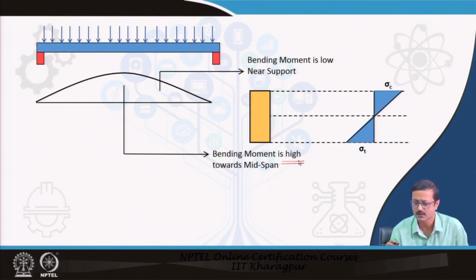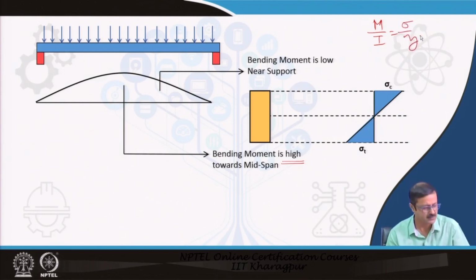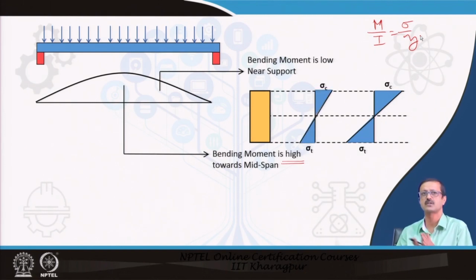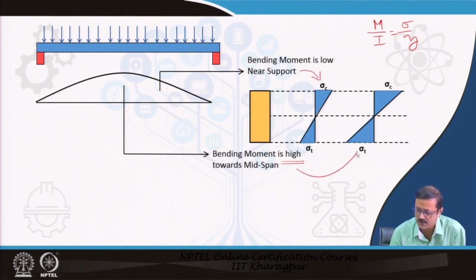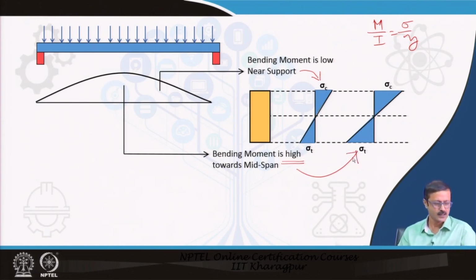So, if I remember M by I equal to sigma by y, M is low but I remains the same. So, the distribution of sigma will also be smaller, because the effect of M is smaller over here. So, this is the triangular distribution of the stresses.